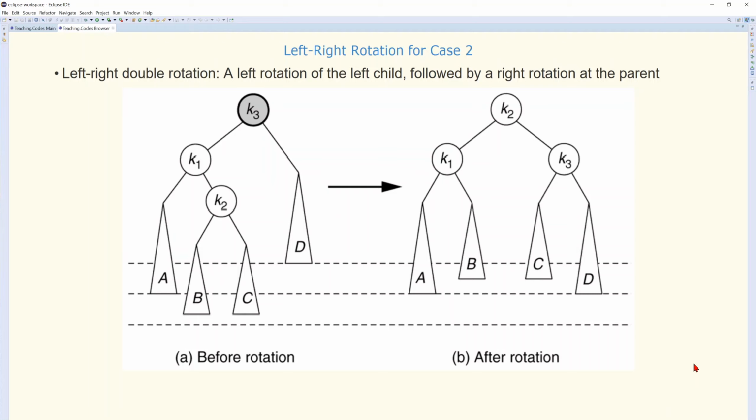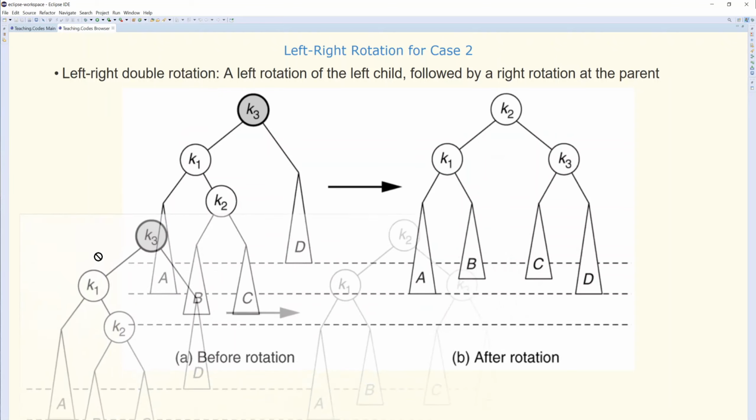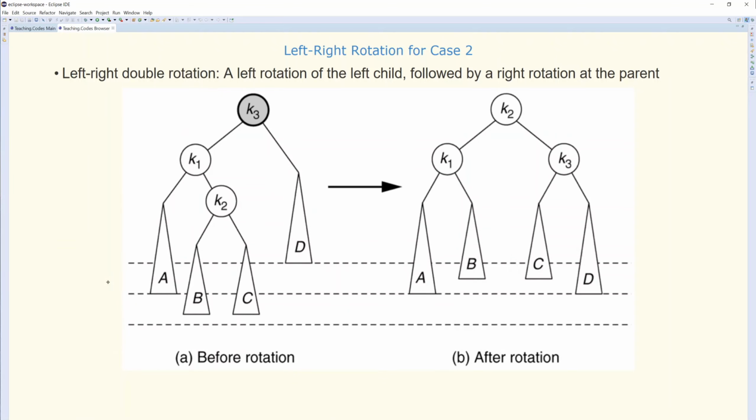So what we do in here is we rotate. If you look at here, we first focus here, okay? We do a left rotation in this one. So K2 will come here. Let me show it clearly.